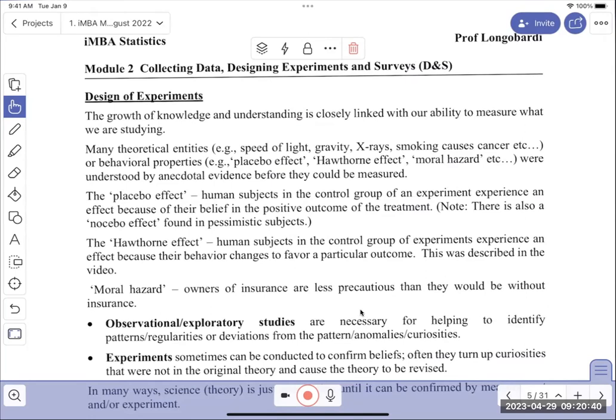So in the video, they mentioned somebody being observed in an experiment may change their actual behavior. So if they're being watched, let's say, to look at their health outcomes given a treatment. So let's talk about the physician study where they were studying the effectiveness of aspirin in reducing the chance of death from heart attack.